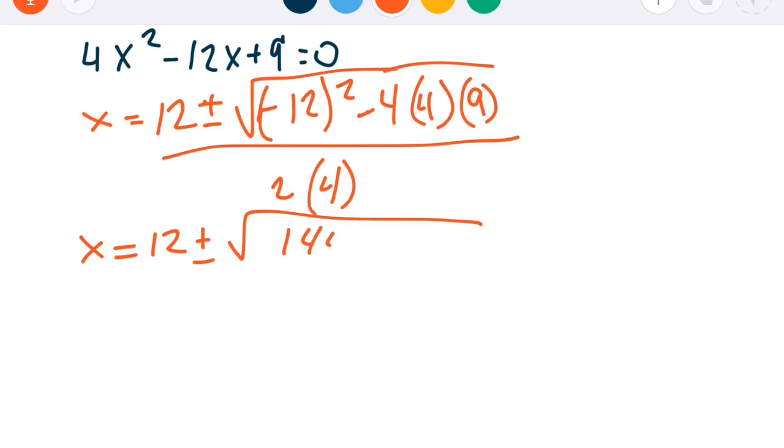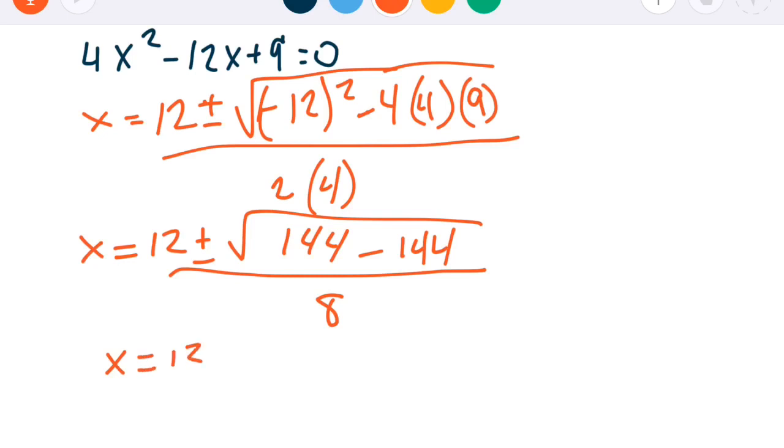So we have 144 minus, so 4 times 4 times 9 is going to give us 144. Alright, so we have a 0 underneath of the square root sign.